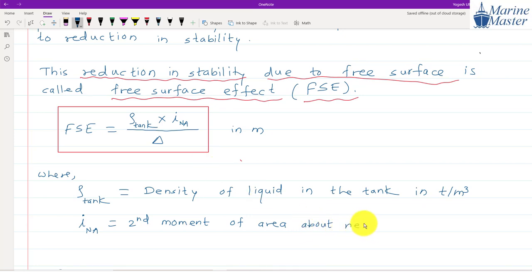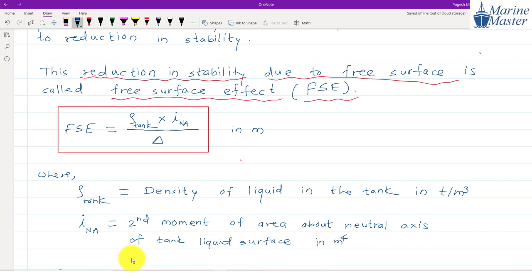Second moment of area about the neutral axis of the tank liquid surface, in m raised to the power 4.